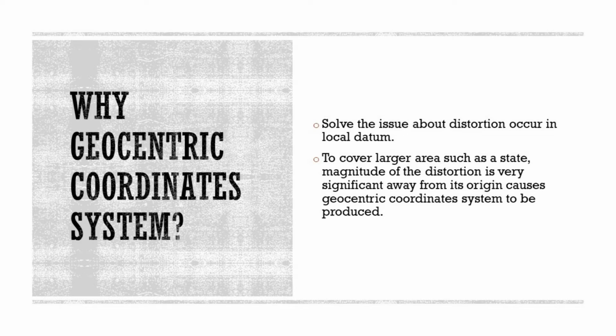These systems have their advantage in terms of reducing scale distortion for a point located away from the central meridian. However, for a larger area such as a state, the magnitude of the distortion is very significant away from its origin. Therefore, to solve this issue, the geocentric coordinate system was introduced.